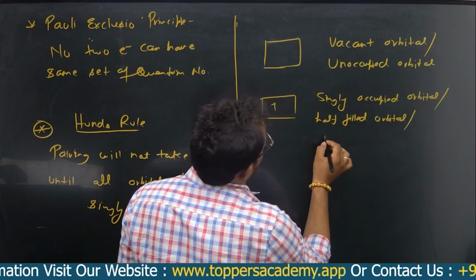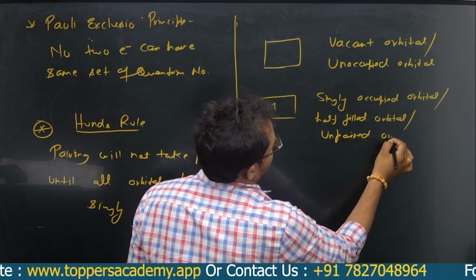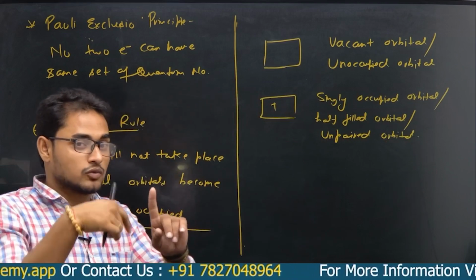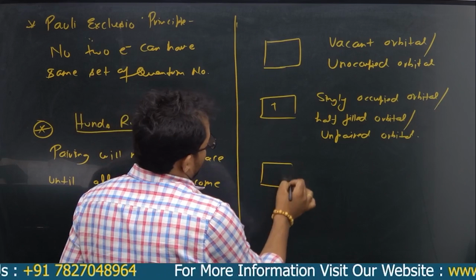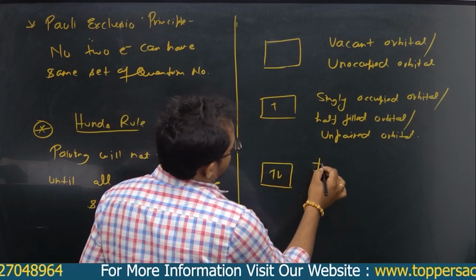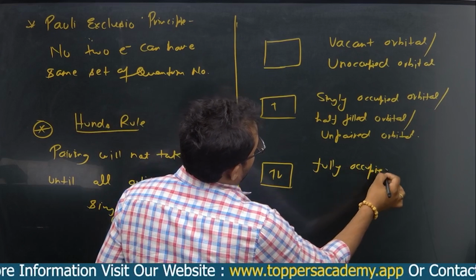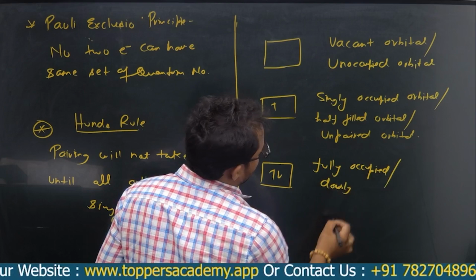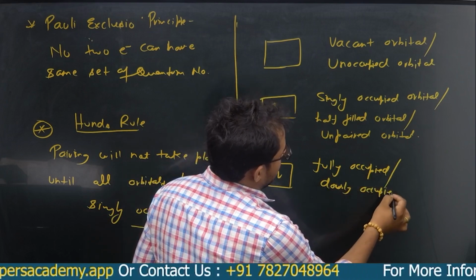I can say it as unpaired orbital because there is no pairing. One electron cannot pair. For the pairing, two electrons must be there, right? It is said as fully occupied or doubly occupied orbital.